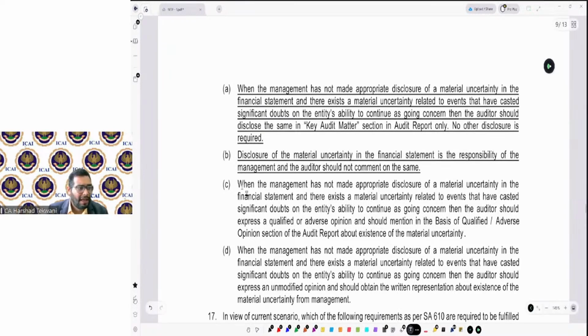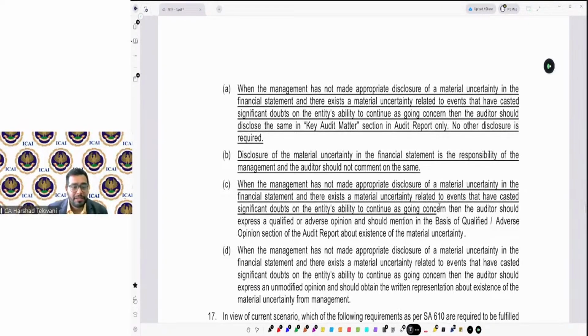Option B or C: when the management has not made appropriate disclosures on material uncertainty in the financial statement, and there exists a material uncertainty related to the event that has cast significant doubt on the entity's ability to continue as a going concern, then the auditor should express a qualified or adverse opinion and should mention in the basis for qualified or adverse opinion section of the audit report the existence of material uncertainty.